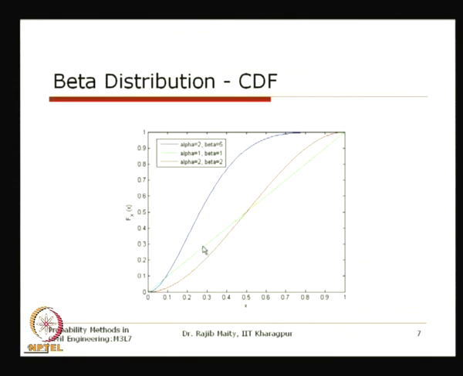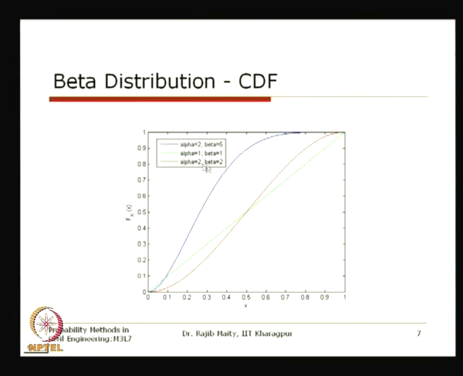So, this green line is a straight line starting from 0 and ending at 1. This is the CDF for the uniform distribution. When alpha equals 2 and beta equals 2, we see that the curve cuts exactly at 0.5 when alpha and beta are the same.